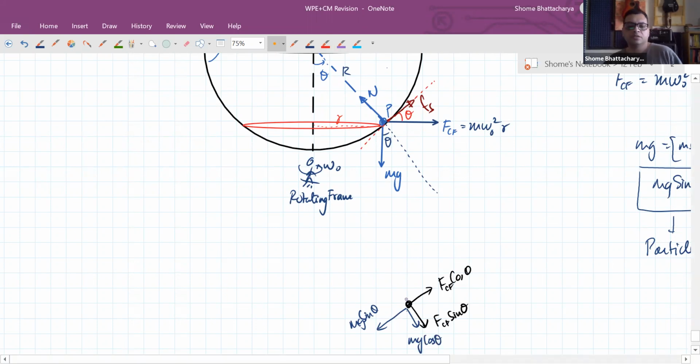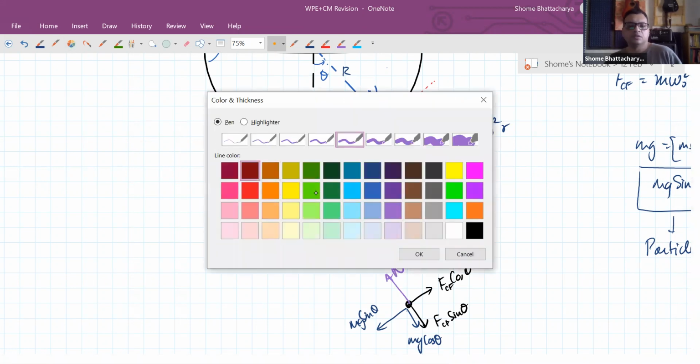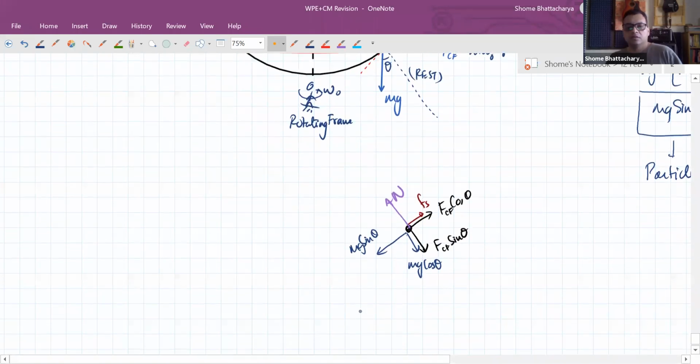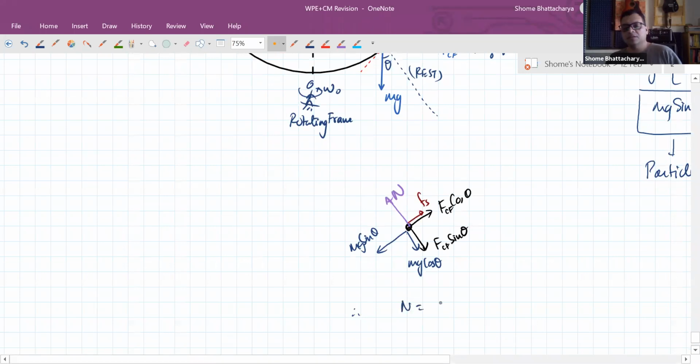Then we have normal reaction. Okay. And to help it from not slipping, we have static friction. So this is the resolved forces over here. Okay. So given that in this frame, this should be at rest, it should be in equilibrium, so forces should balance. So we have the relation that normal reaction balances mg cos theta plus centrifugal force's sine component.